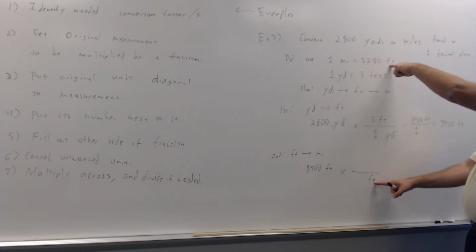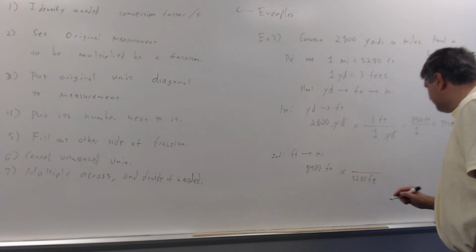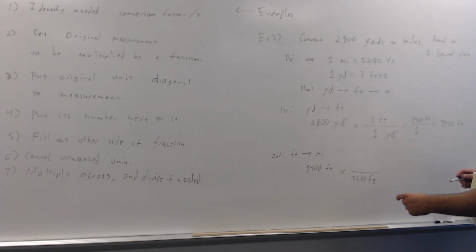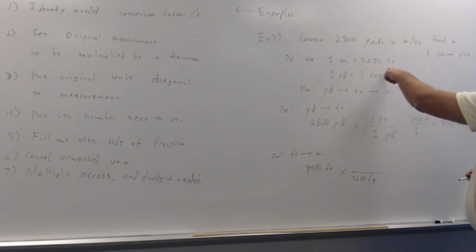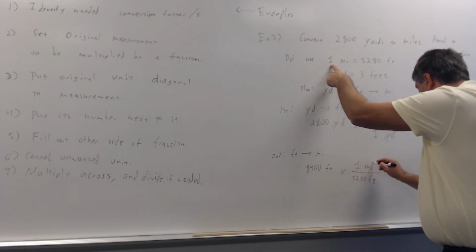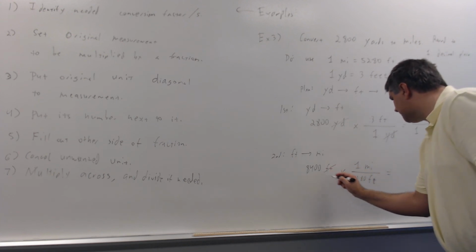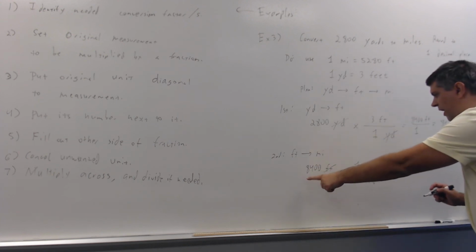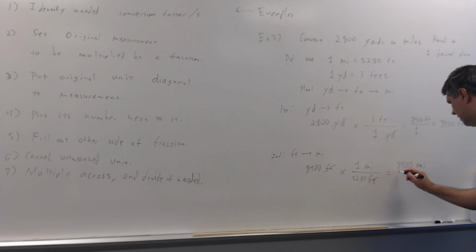The number that goes with feet is 5,280. On top, 5,280 feet, 1 mile. So, cancel my feet. 8,400 times 1 is 8,400. The miles will stay because it was uncanceled, and then I have 5,280.